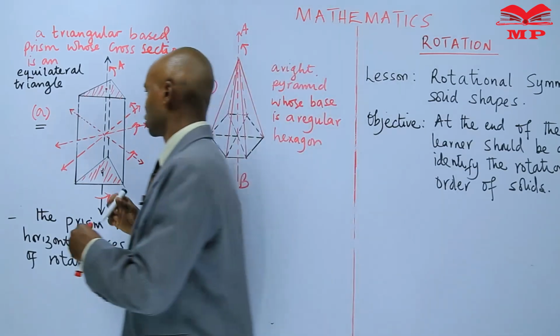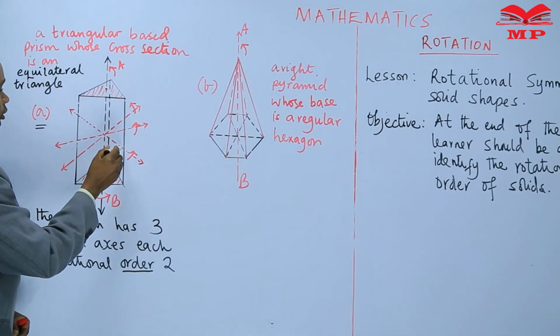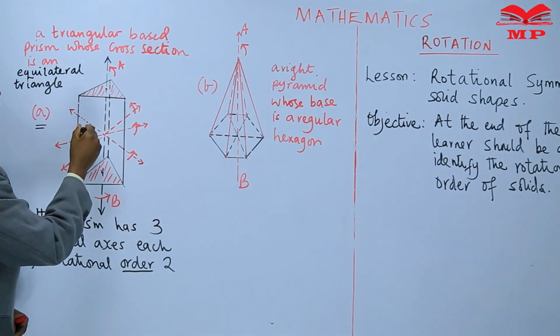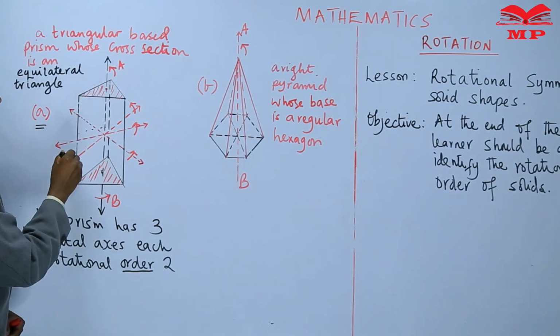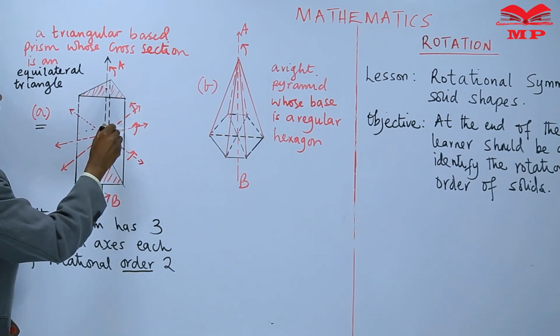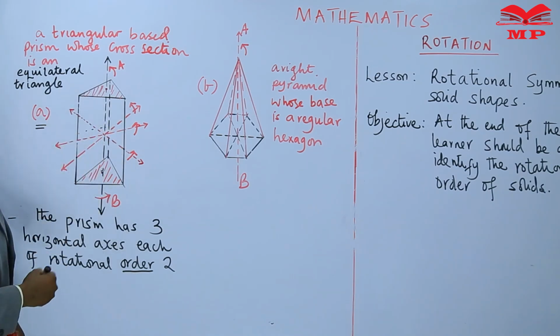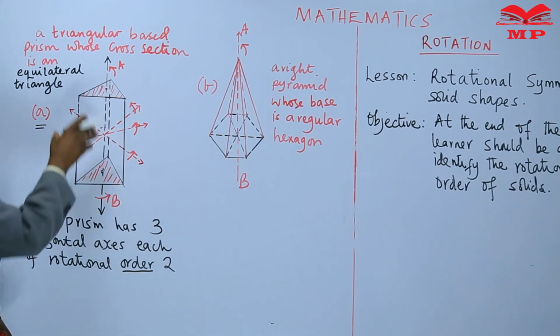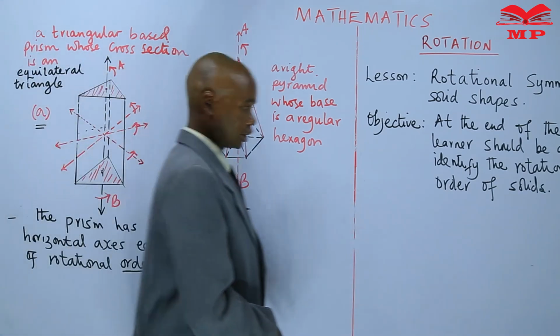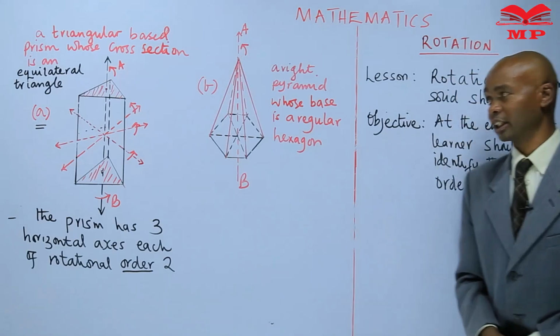This will happen in each of those axes. You realize one of the axes is from this corner to the center of the other face, and from that corner to the center of the other face. It has three faces which are rectangular.